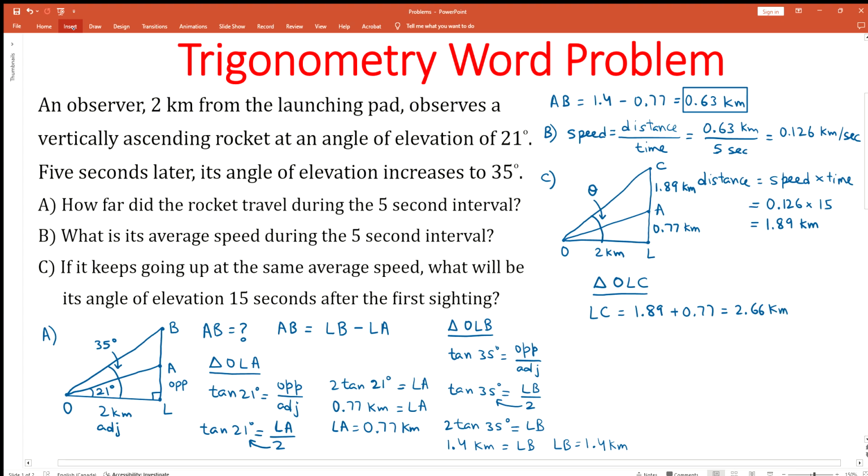Side LC is opposite to angle theta, and side OL, which is 2 kilometers long, is the adjacent side. So we can use tan ratio to find the measure of angle theta. The formula for tan is opposite over adjacent. The length of the opposite side is 2.66 kilometers, and the length of the adjacent side is 2 kilometers. We can find the measure of angle theta by doing the inverse of tan.